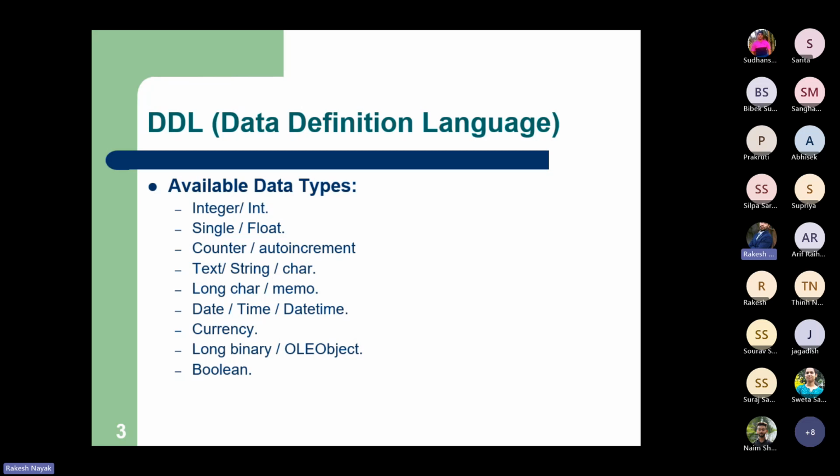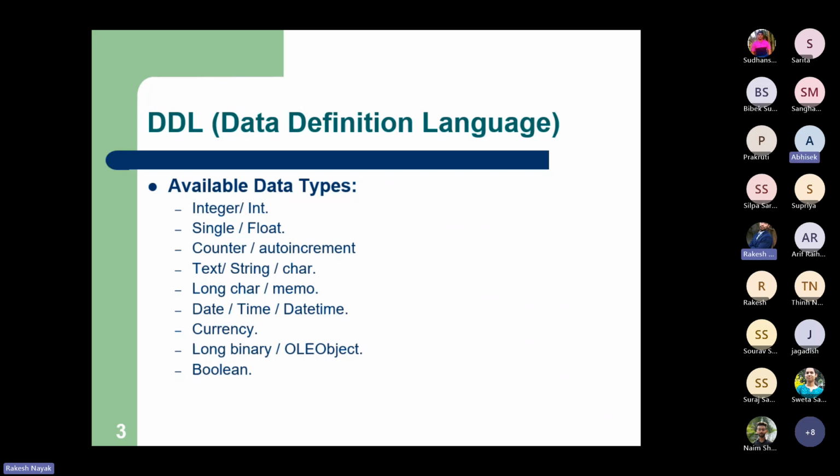Also we have date and time, and timestamp, which contains hour, date, minute, second, millisecond, microsecond, nanosecond. All that information we can get from date and timestamp. And we have currency, like Indian currency INR, US dollar, and euro. All these currencies are handled by the database.